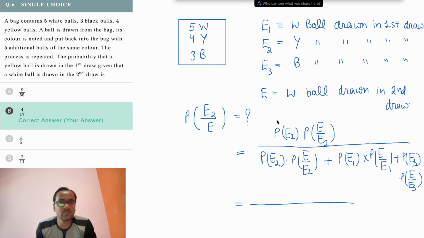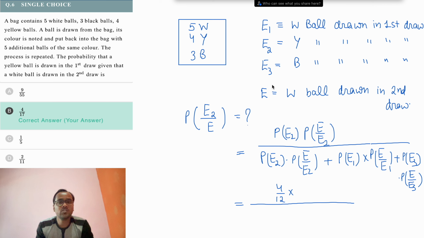Probability of E2 means probability of yellow ball drawn in the first draw. So that would be 4 upon 12. Now probability of E when E2 has occurred. That means probability of white ball drawn in the second draw when yellow ball was drawn in the first draw.